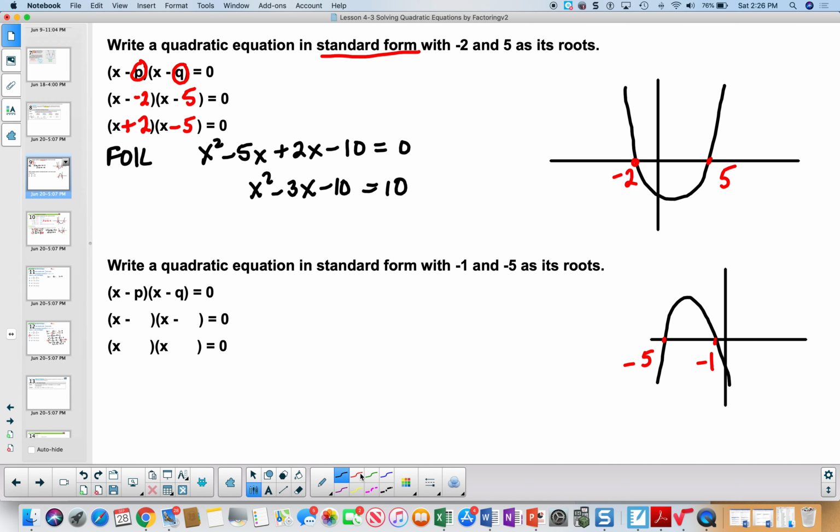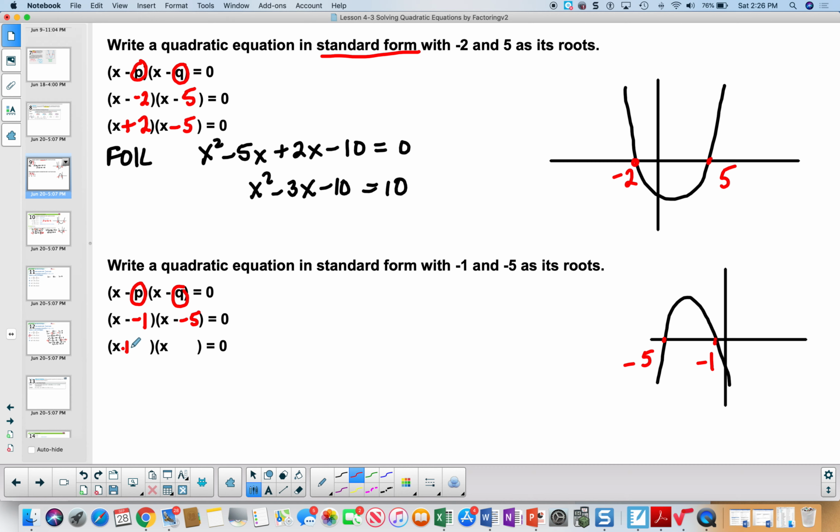What we're going to do is use this standard form, or I should say template, to do the intercepts. And we're going to substitute for p, and one of the numbers is -1, and substitute for q, which is -5.